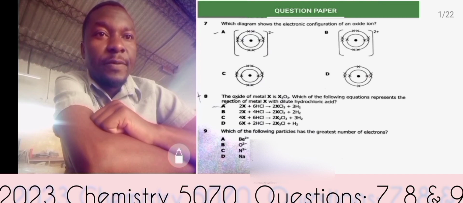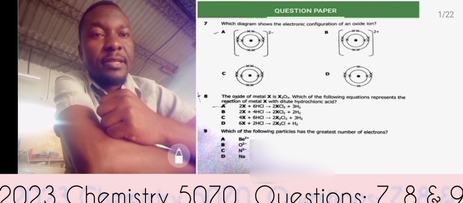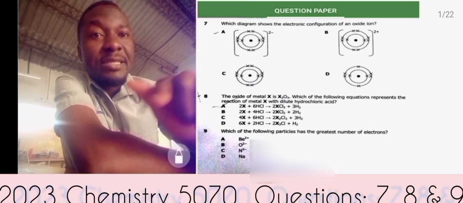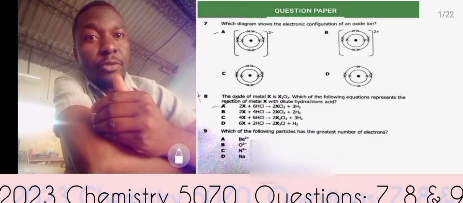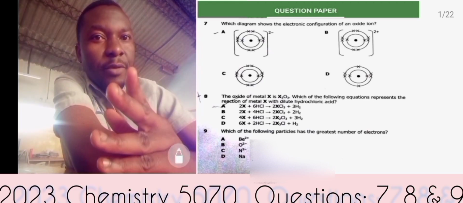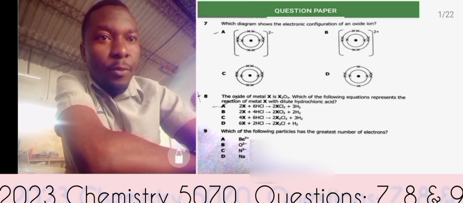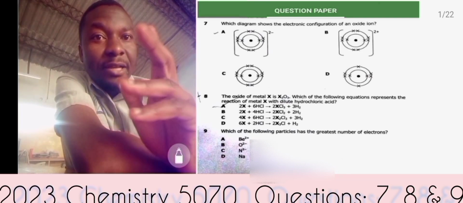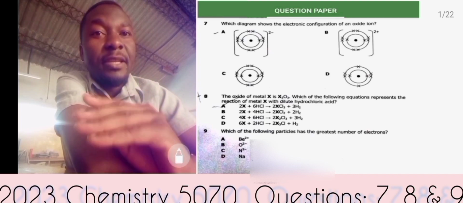When oxygen gains 2 electrons, it's going to be stable and have 8 electrons in its outermost shell. That's key number 1. We are looking for one of these options with 8 electrons in its outermost shell.